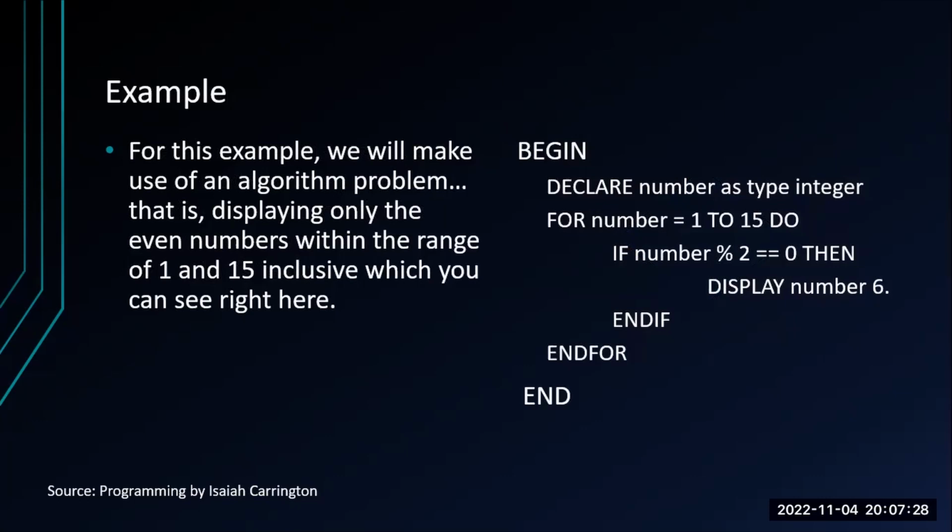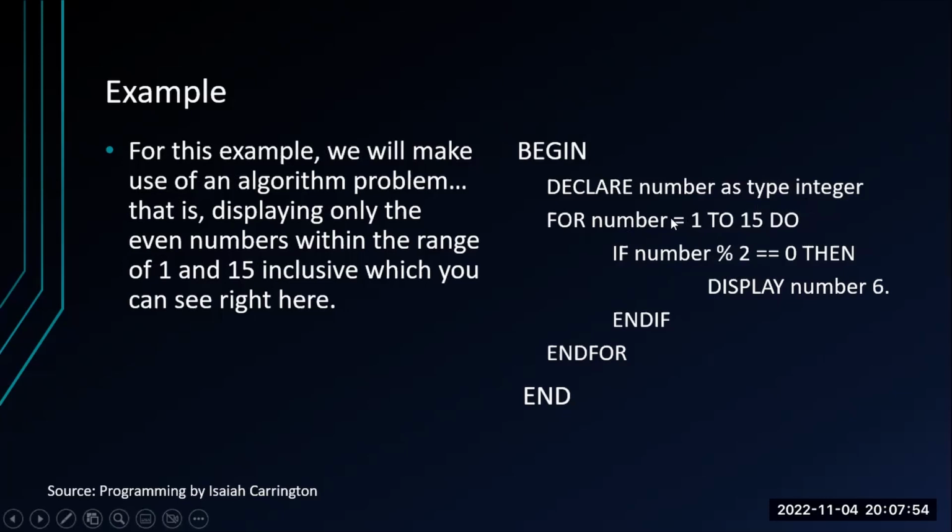And then here you have declaring number as integer. So this would be the number that would be tested to show whether it's even or not. And then down here, it would show this number being incremented from 1 to 15.